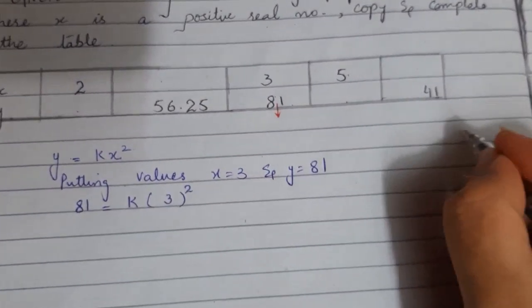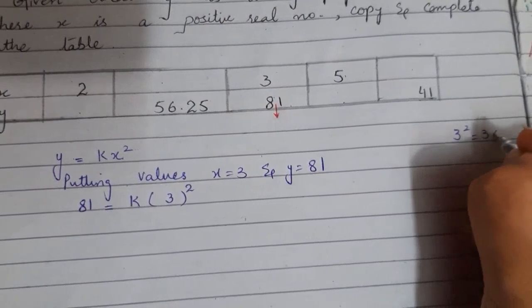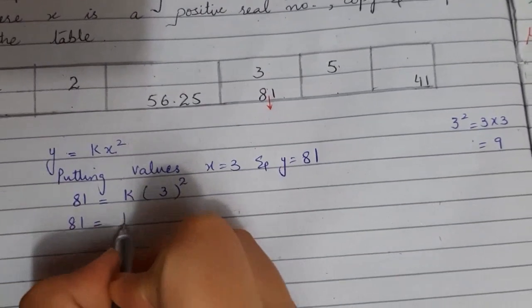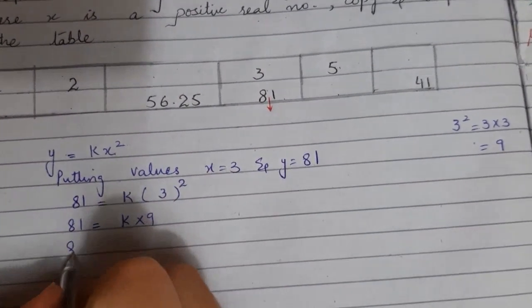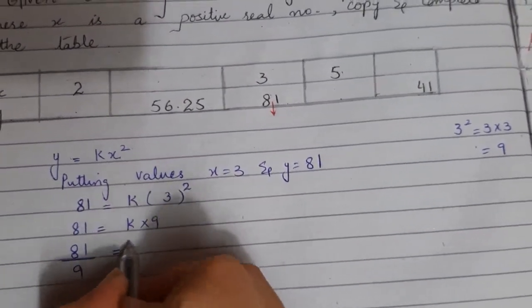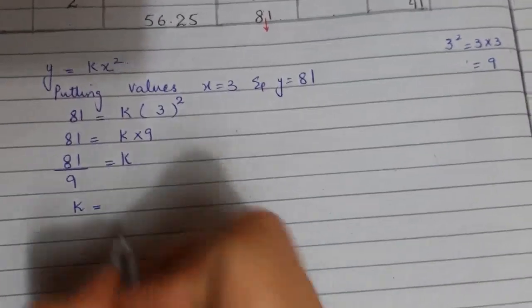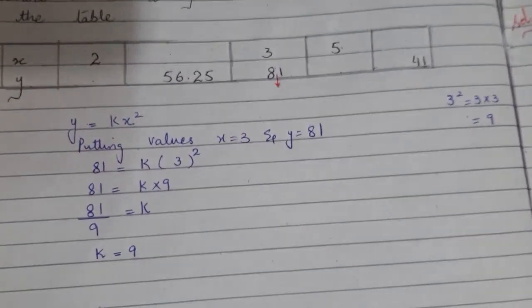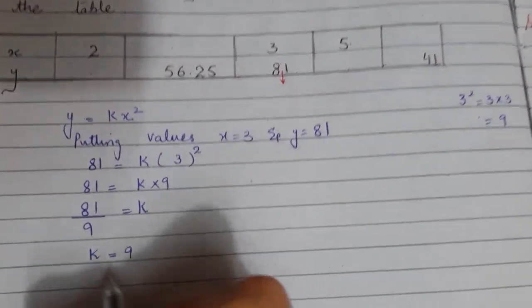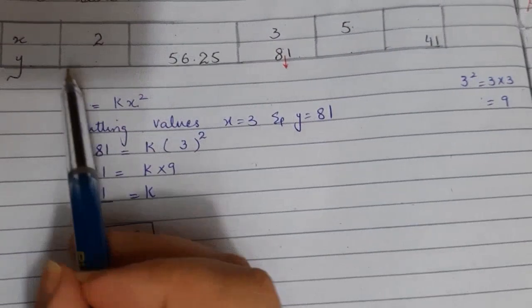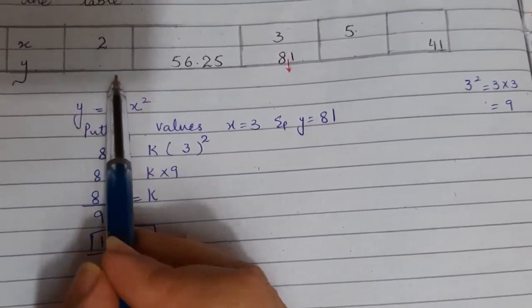What does it mean? 3 power 2 means 3 into 3, which is equals to 9. 81 is equals to k multiplied by 9. 81 divided by 9 is equals to k. So we get k is equals to 9. By choosing this value of k, we can find the value of y.